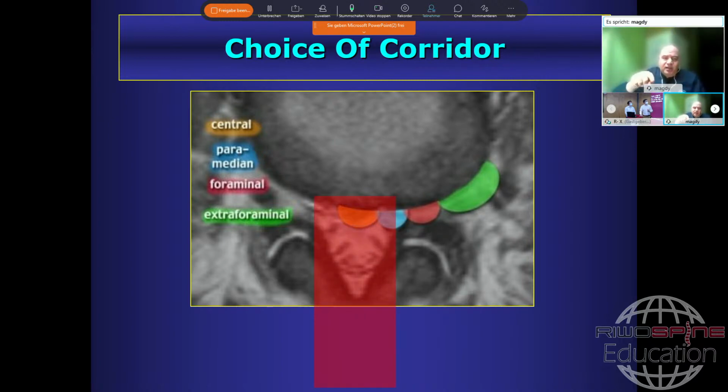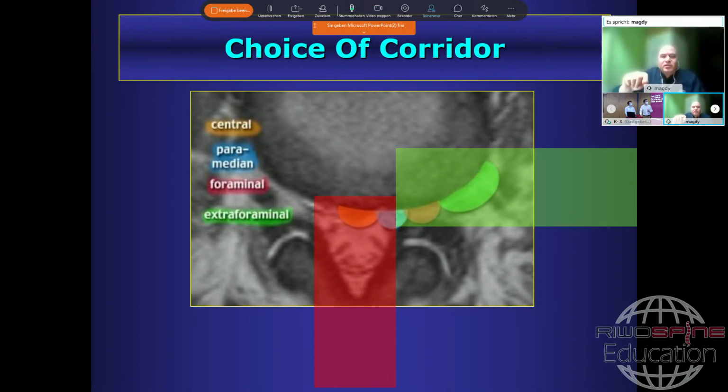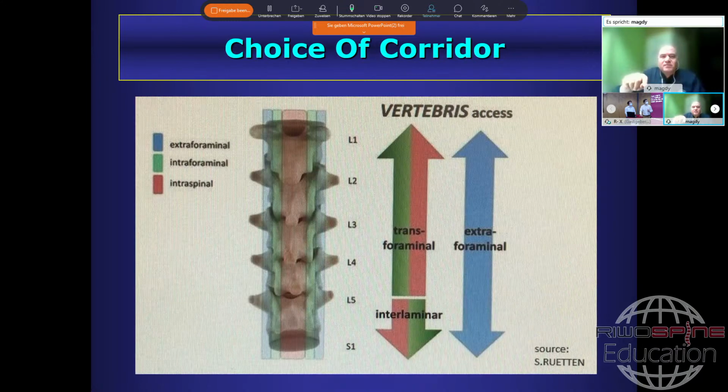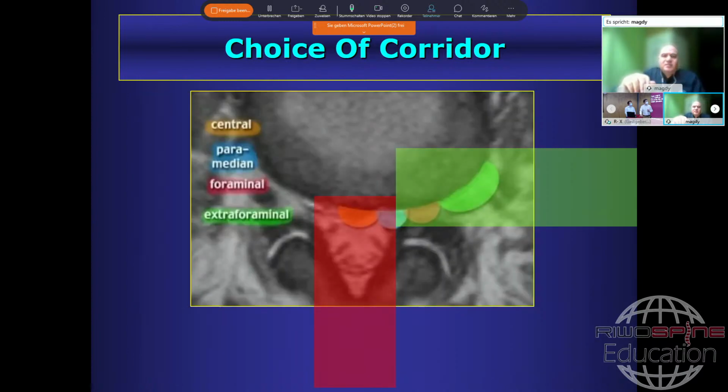I think, as Dr. Badra mentioned in his great presentation, if you can access the central part of the disc, then you go interlaminar. And the accessible fragments from the transforaminal, you can reach like this from the transforaminal.